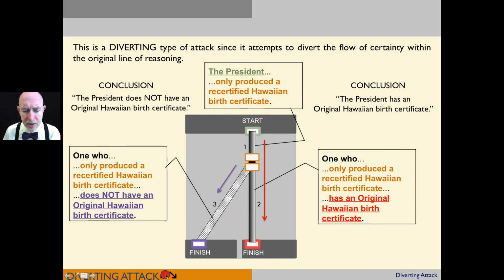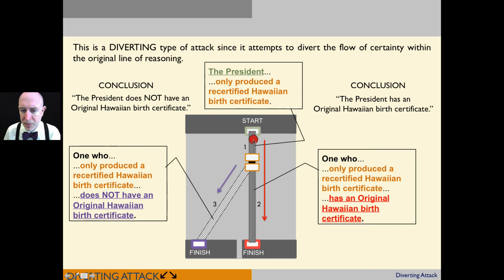So when you have a diverting attack, what the opponent is trying to do is divert the level of certainty off the main line where it was headed.